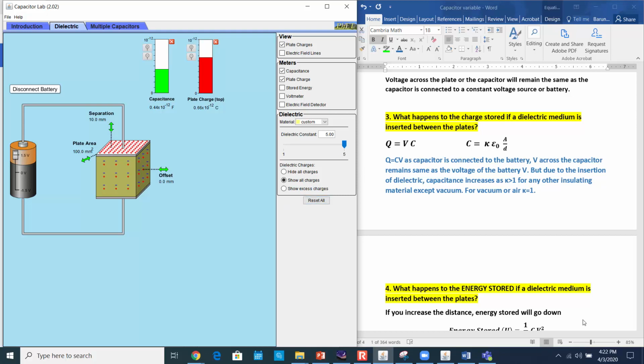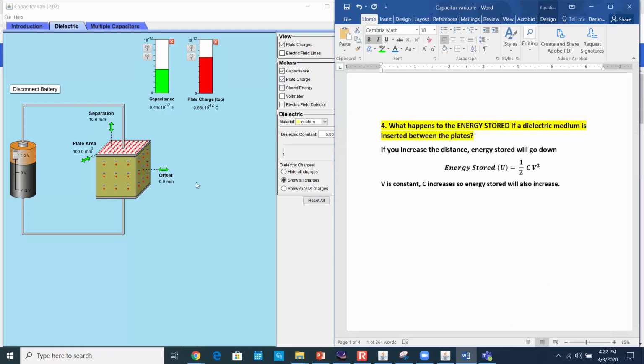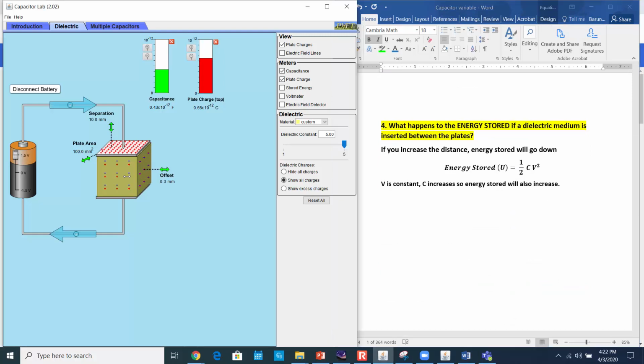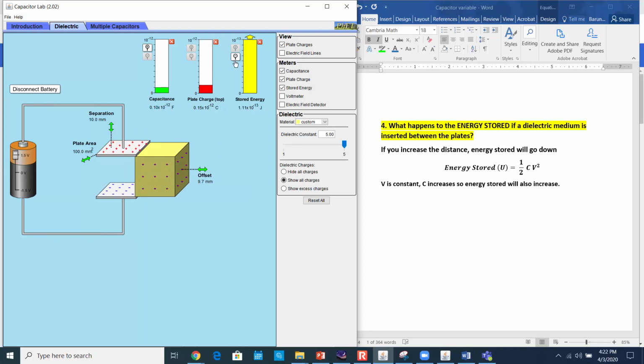Good. Now what I will talk about is what happens to the energy stored. How will the energy stored differ? So let's go and check the stored energy. Now let me minimize this one here. With just air as a medium, the stored energy is 0.10.